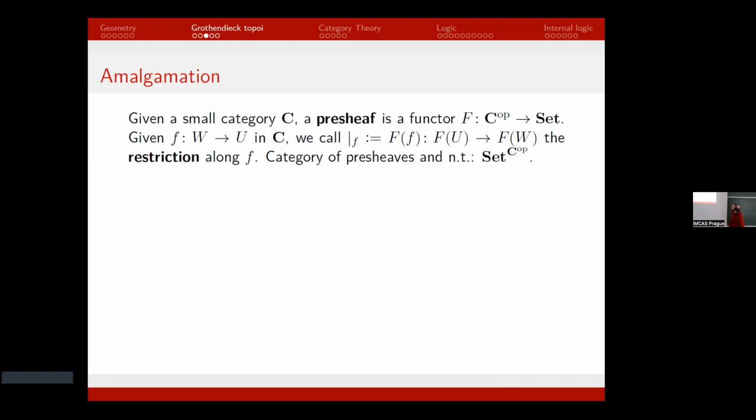Definition first: these are presheaves on a generic category, so it's just a functor from C op to Set, and whenever we have a map f from W to U, then the induced map will be denoted by restriction through f. Notice that I'm not writing restriction to W here, because in general there might be more than one way to restrict from U to W. In general, categories can have more than one arrow between two objects, so it's important to specify the function instead.